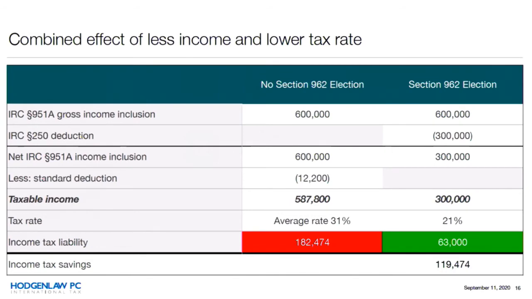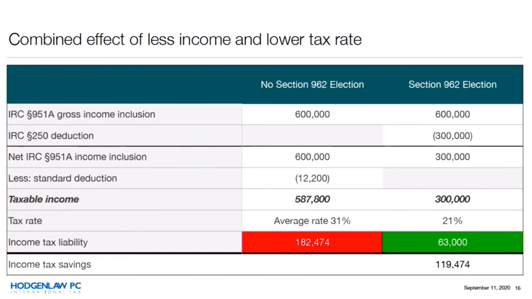On the right-hand column with the election, look at the impact of the Section 250 deduction. We start again with gross income of 600,000, but we take the $300,000 deduction because of Section 250. And so the net income inclusion is 300,000, which is going to be our taxable income.